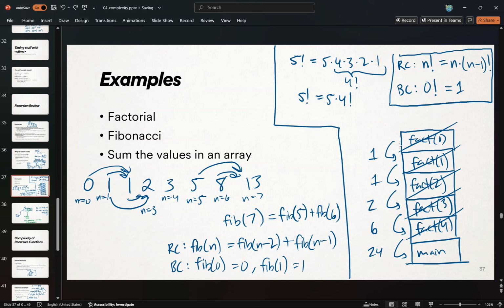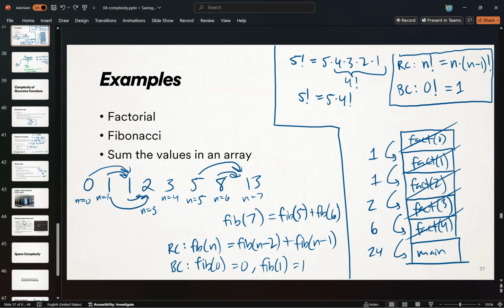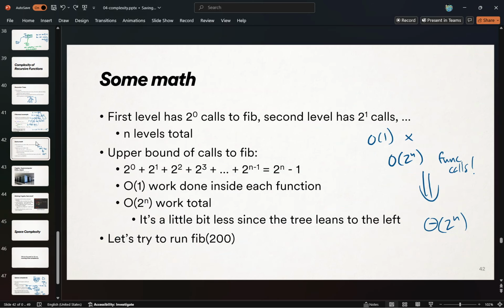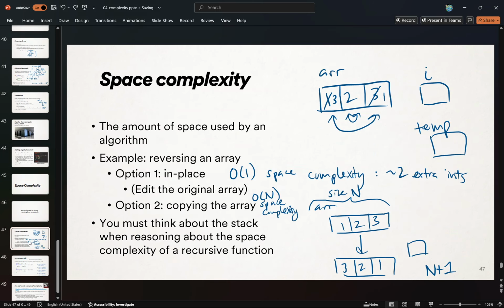Does that make sense? Eventually you're going to have all these for a split second. They're all going to be there at once. You need that much room. They will eventually start whittling themselves down, but you need that much room to get down to the base case. All right. Worst case. What's the max? Take the max. So linear space.